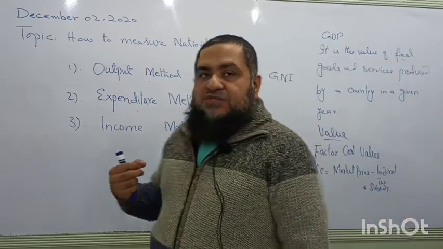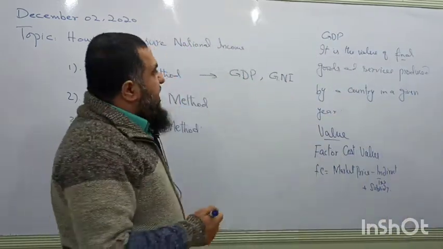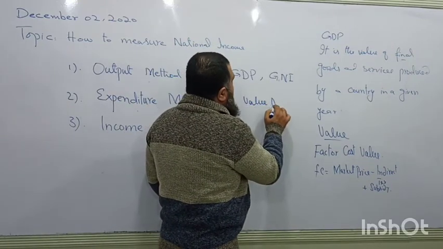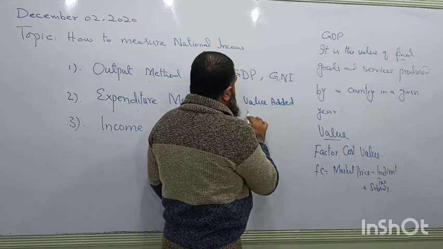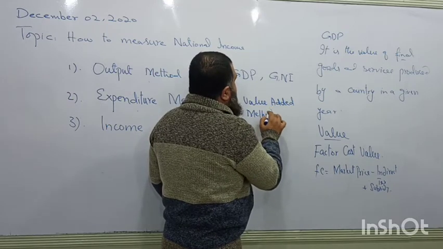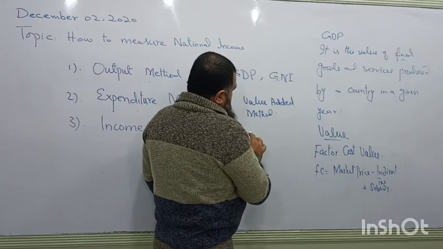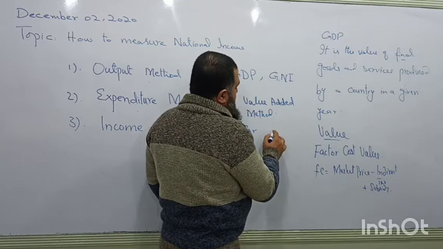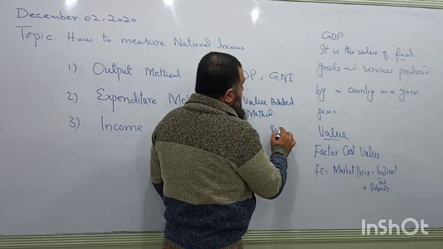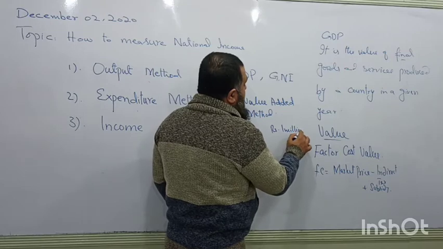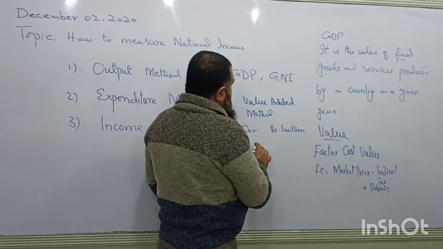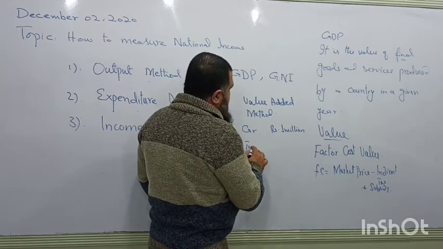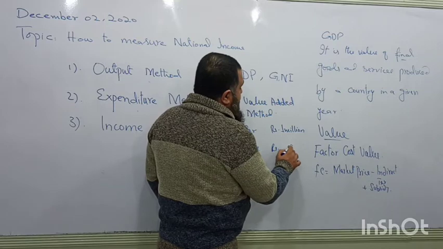So in that case we will be using the value added method. What method will be used? The value added method. Value added method means, suppose a car is produced for, you can say, 1 million rupees, and now the car includes the value of tires as well, and the tires had a value of, you can say, 50,000.